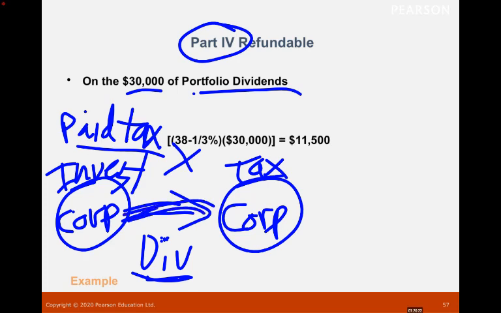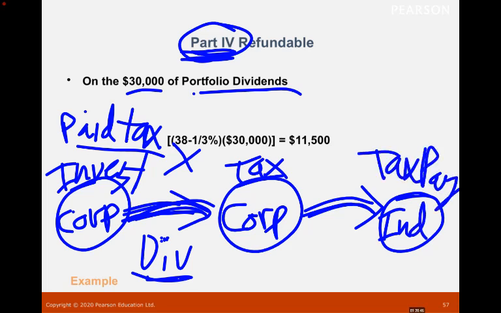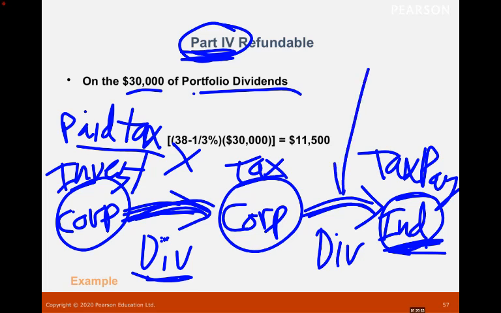But as we're receiving it, we may have to do some of this refundable tax because we want to eventually get this money, the Tax Act, to the individual taxpayer, the actual human being. When dividends are paid here, this is when we're going to get that last part of the tax.